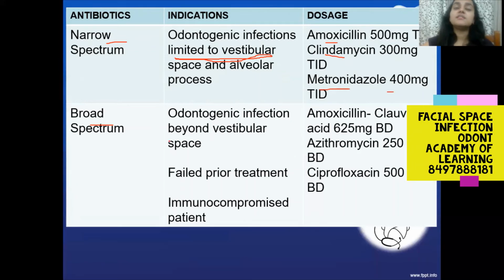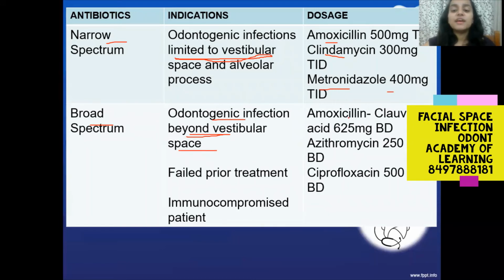Now, in case the patient is not very healthy, he is immunocompromised, or we have tried and tested these medications and they have not worked before, so we give a broad spectrum antibiotic. Another reason why we give it is if the infection is beyond the vestibular space.